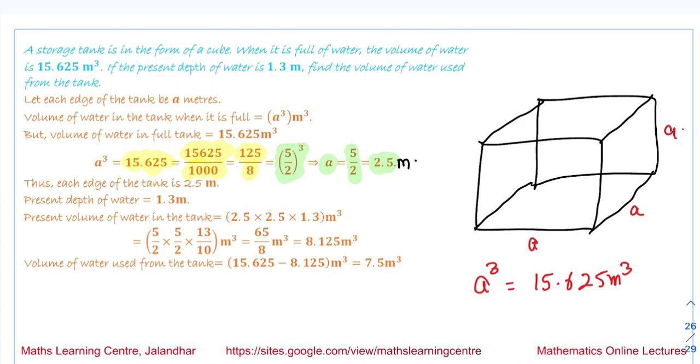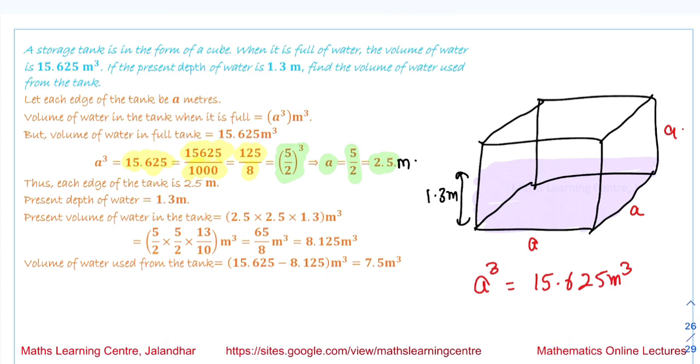Now it is given that the present depth of water is 1.3 meter. Present depth of water means suppose the water is up to this level now. So present depth of water means now the depth of this is 1.3 meter, and we have to find the volume of the water used from the tank.